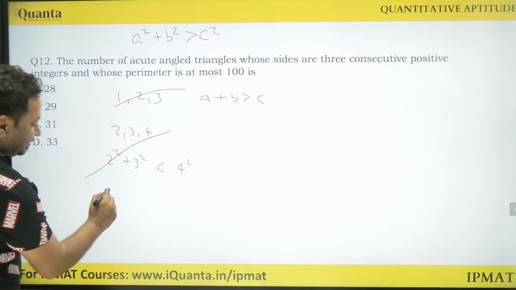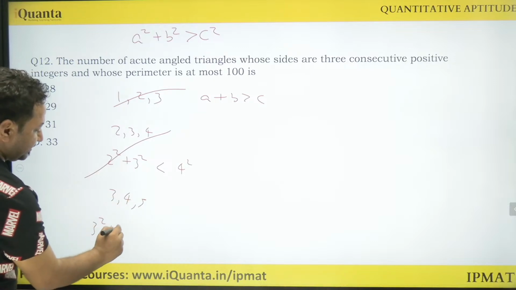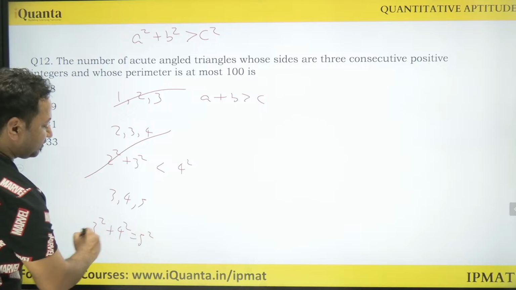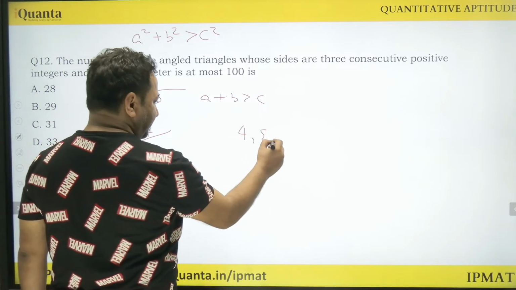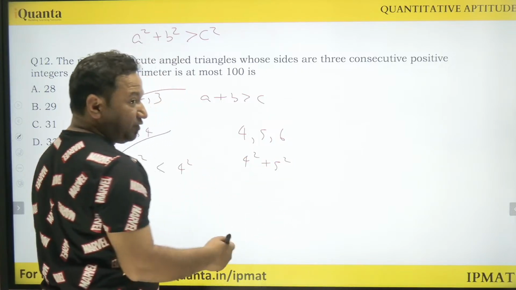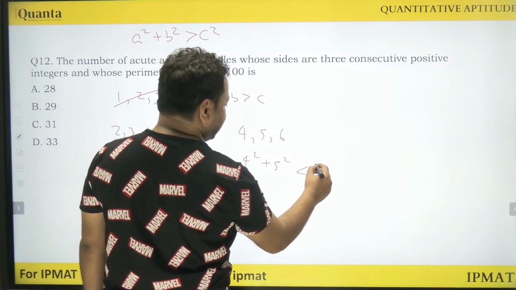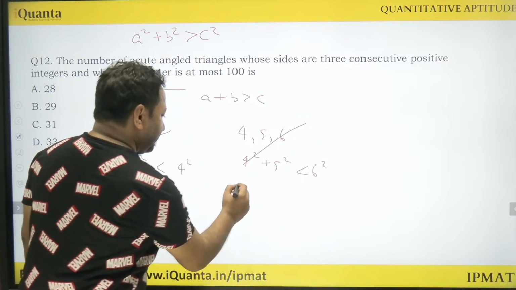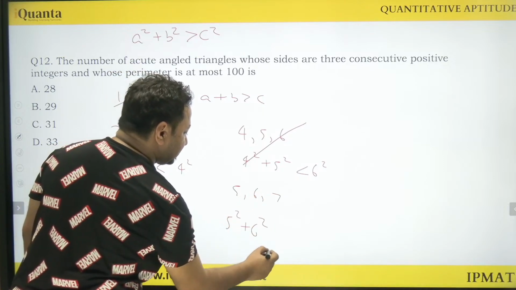Coming to the next one, 3, 4, and 5. 3 square plus 4 square is actually equal to 5 square. Ruled out. That is a right angle triangle. Let us check the next one. 4, 5, 6. So 4 square plus 5 square, 16 plus 25, 41. That is greater than 6 square. 5, 6, and 7. 5 square, 25, 6 square, 36.